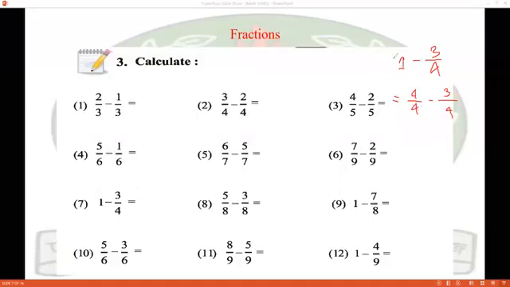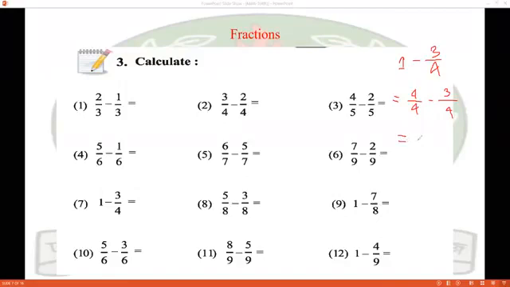I write it right, because 4 by 4 means 1. So I will solve it.